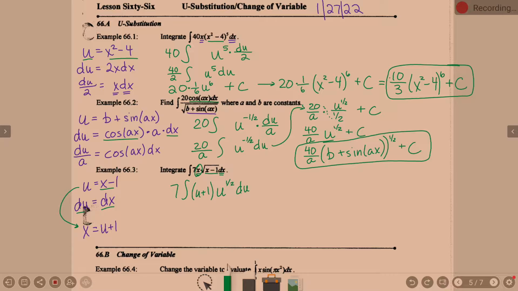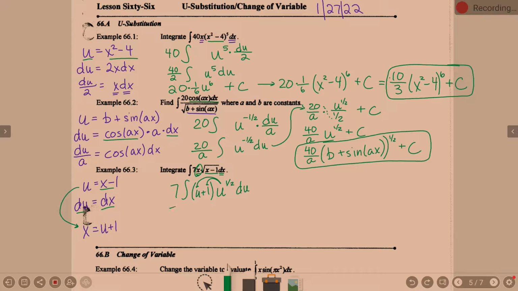Now, when we go to integrate this, we don't want to integrate yet. We want to use another algebra 1 skill. We want to take this u to the 1/2 and distribute. That will make the integration much better, because then we're just integrating two separate terms.